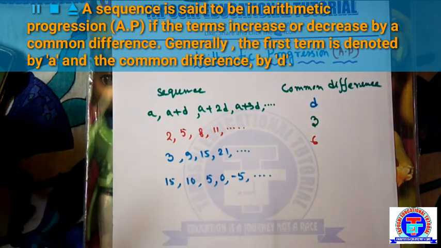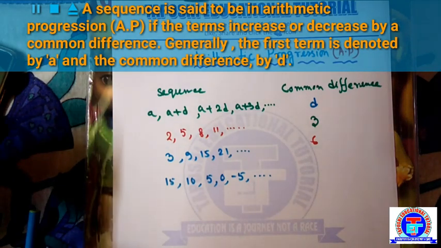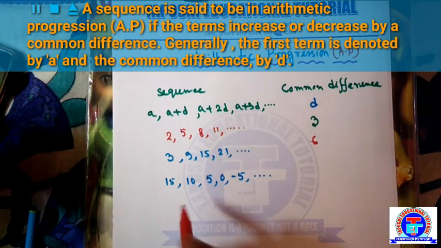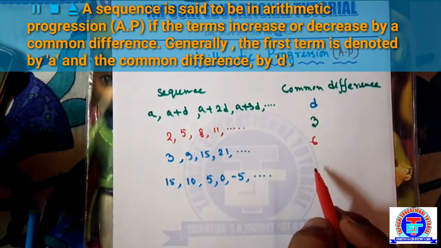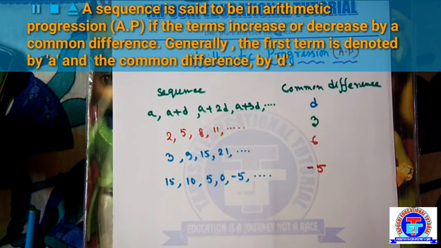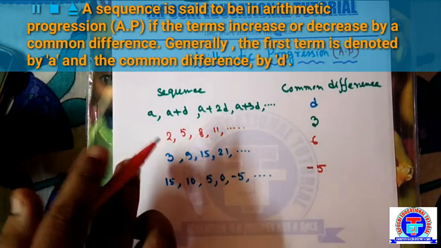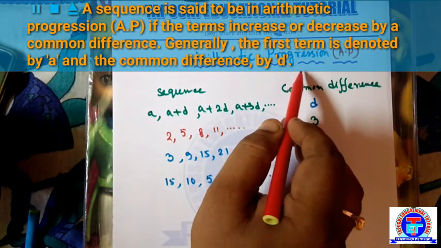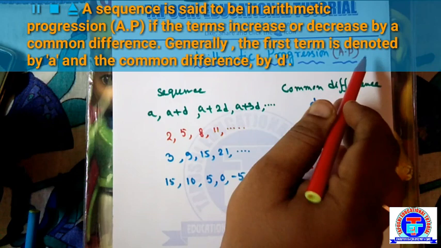Here the common difference between two consecutive numbers is minus 5. Right, student? Hope you understand the actual meaning or definition of arithmetic progression, in short AP.